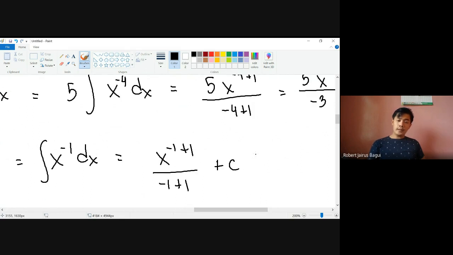So ang problema dito, that would be x raised to 0 all over 0, which is undefined. So hindi pwede itong ganitong procedure. Well, iwanan ko dito para lang makita natin na hindi siya pwede.